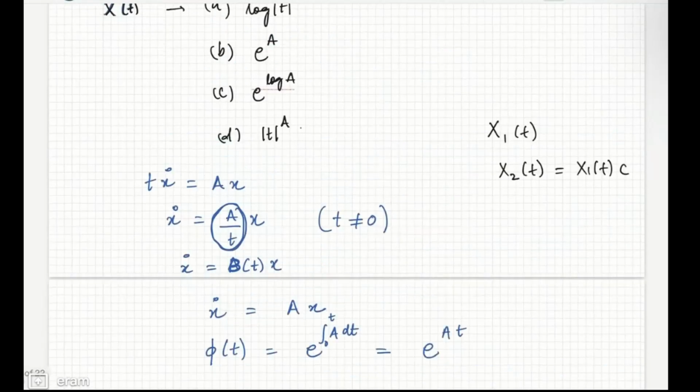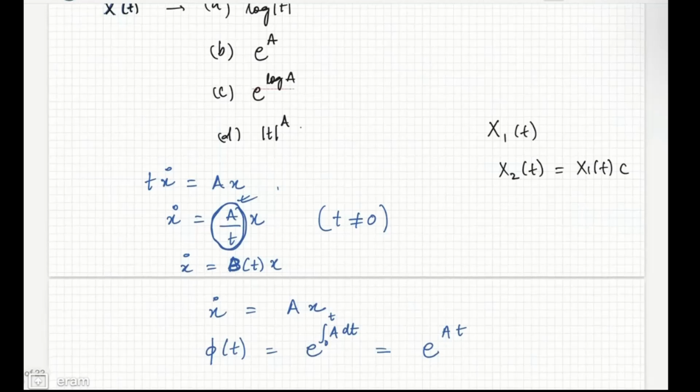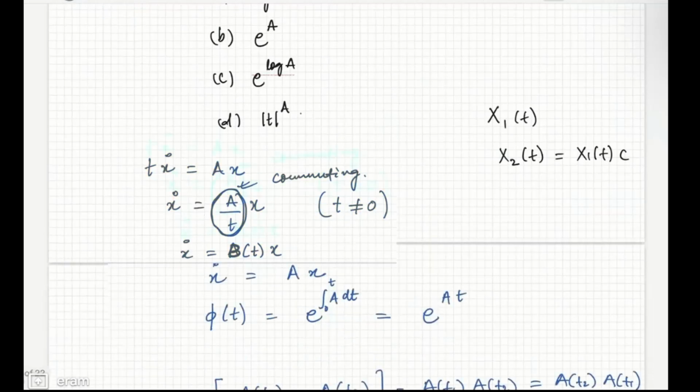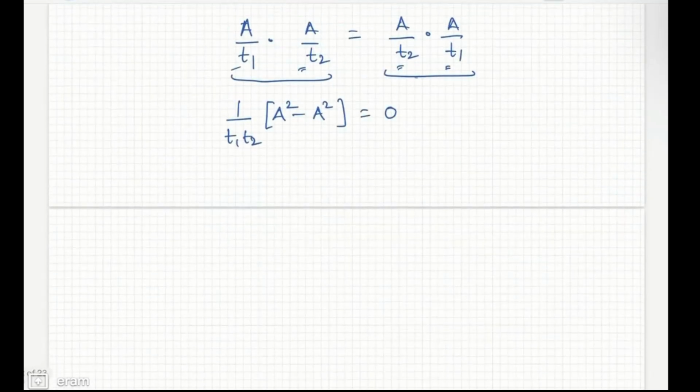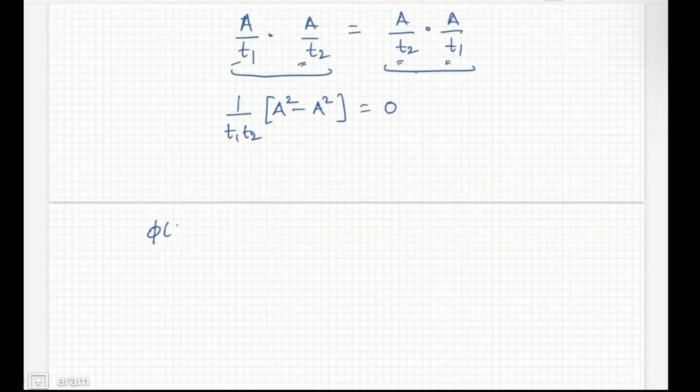Means this time varying term which is given in this question are commuting for time t1 t2. Then what we can write as a state transition matrix, if I call it phi t, now we can do this integration, right?